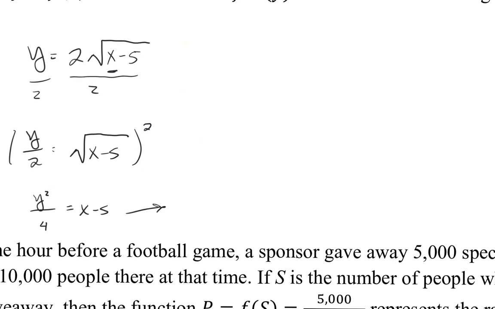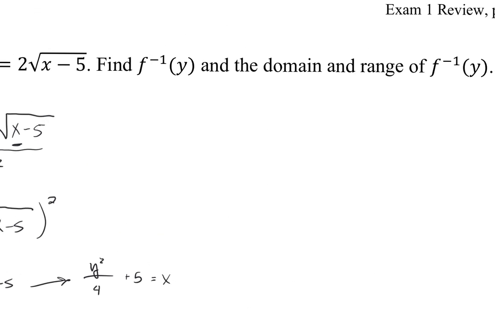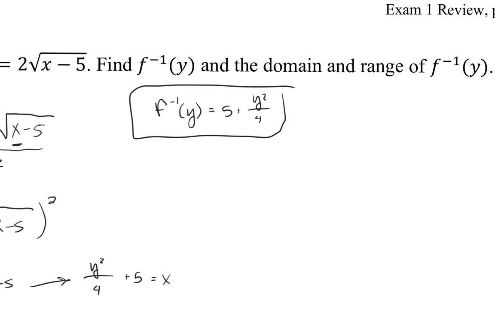And then we end up with, finally, y squared over 4 plus 5 is equal to x. Or f inverse of y equals 5 plus y squared over 4. Perfect.